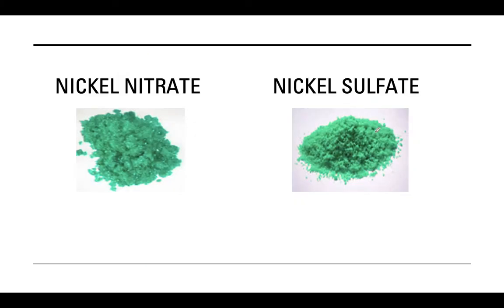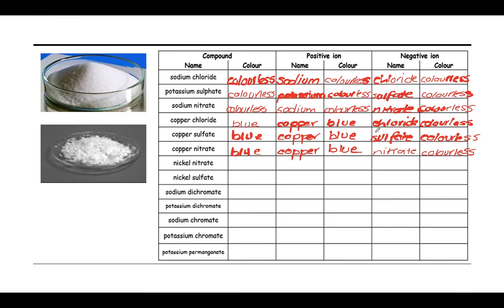Now let's do one more just to complete our set. So here on the screens we have nickel nitrate and nickel sulfate. Now these also have colour. They are green. However, we know that the nitrate and sulfate ions that we have come into contact with before are colourless. So our nitrate is colourless.